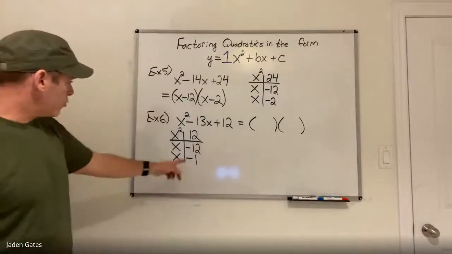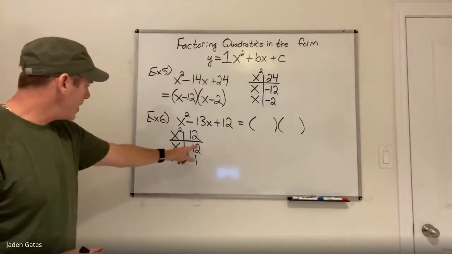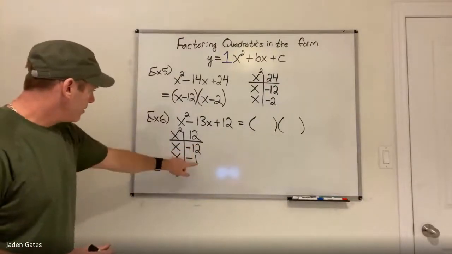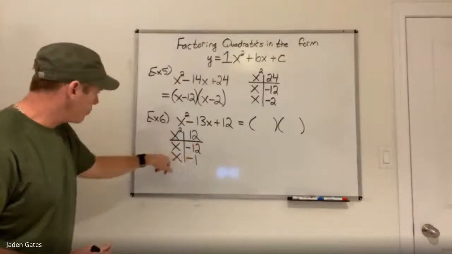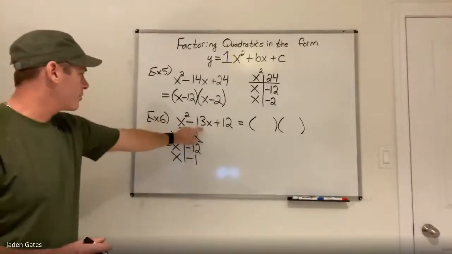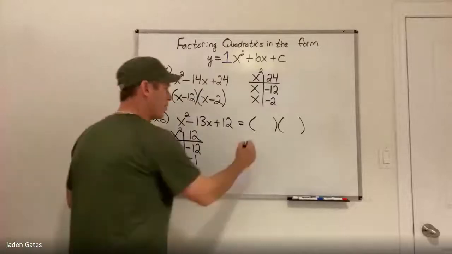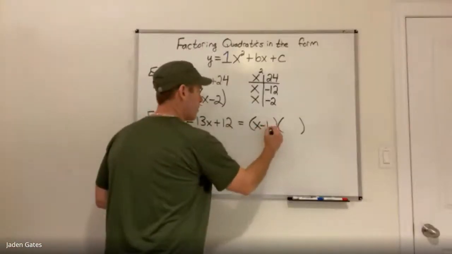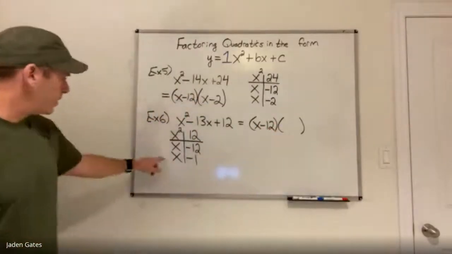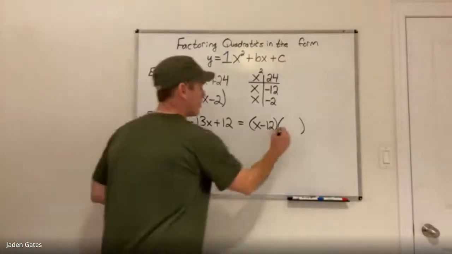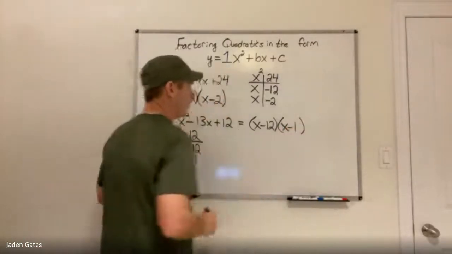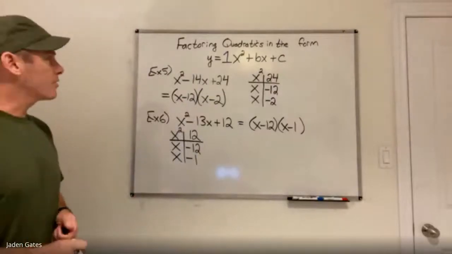Okay, let's check it out. Minus 12x plus minus 1x. So I lose 12x's, I lose another x. Yeah, I lost 13x's. And so I have an x minus 12 in one of the brackets, and then the other one will be an x minus 1. And there we go, it's factored.